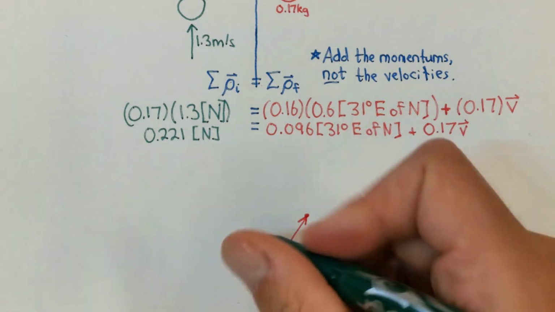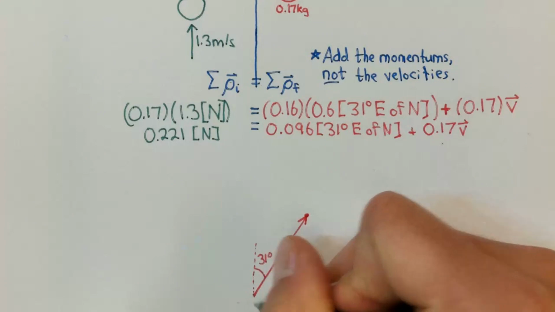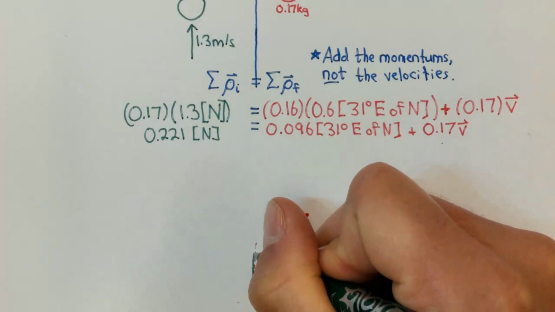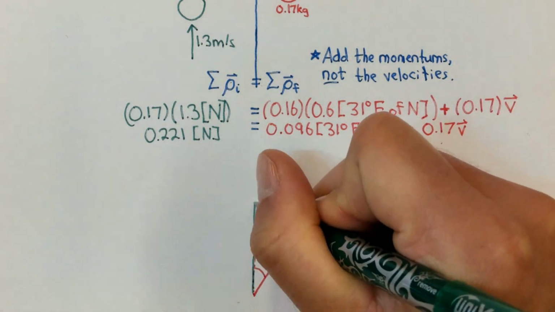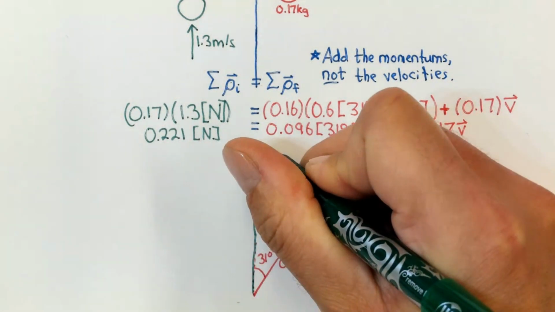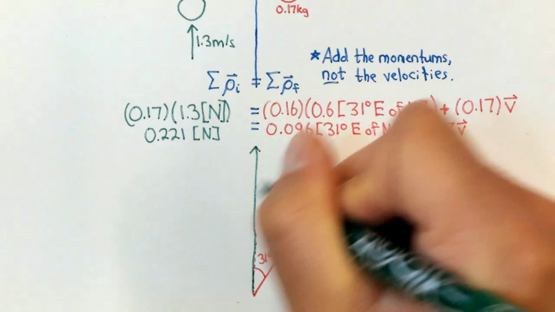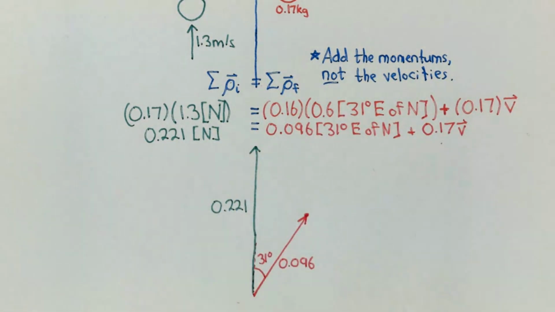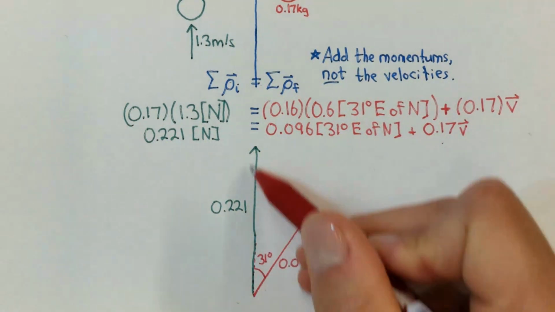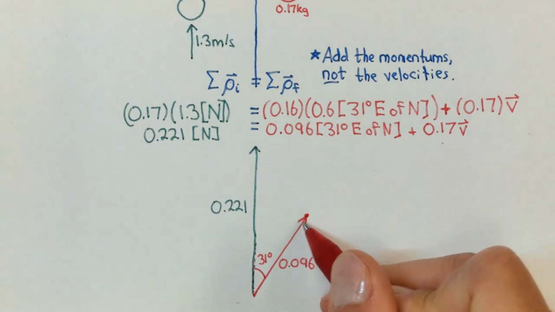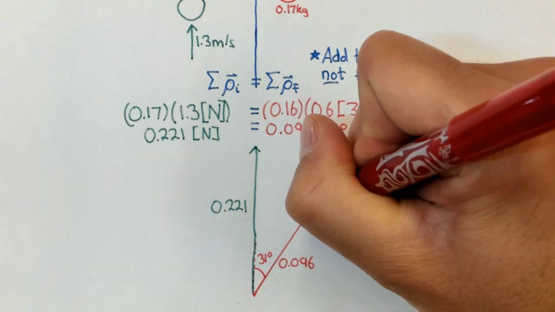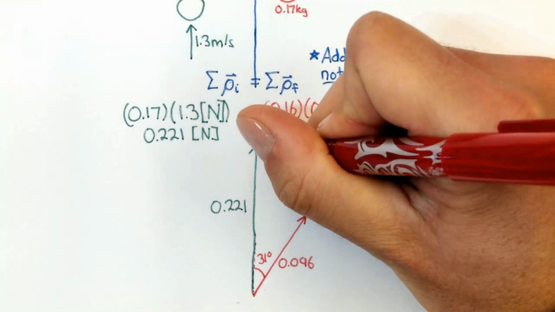So my resultant, which starts down here at the start of the first vector, is going to be going straight north, and it has a magnitude of 0.221. So now I can see if this is my first vector and this is my resultant, then the thing I have to add to this to get that is going to be this guy here.